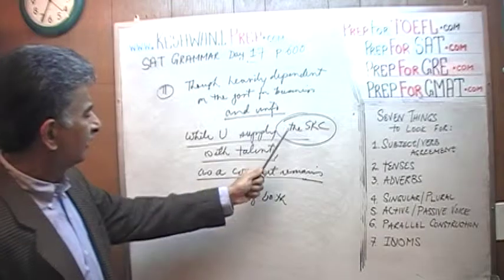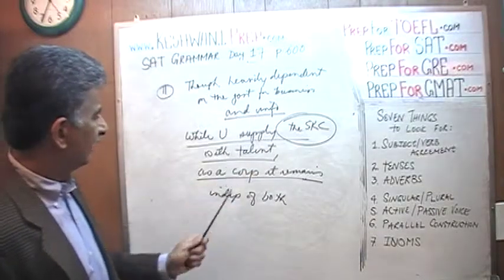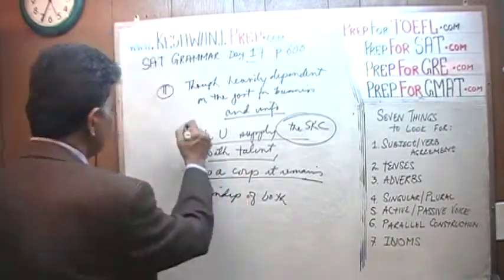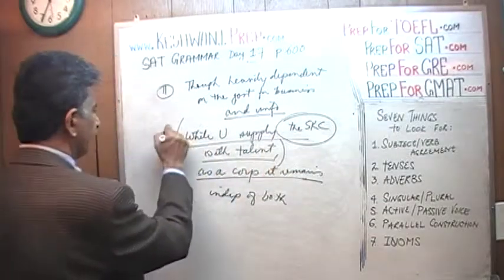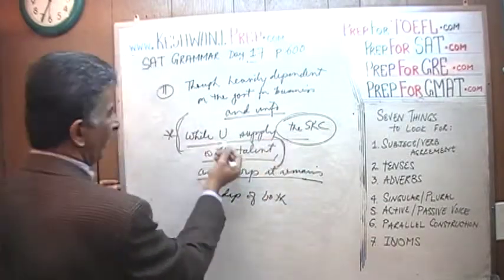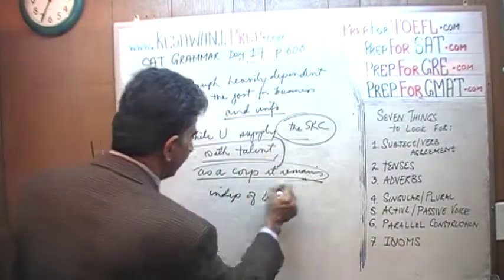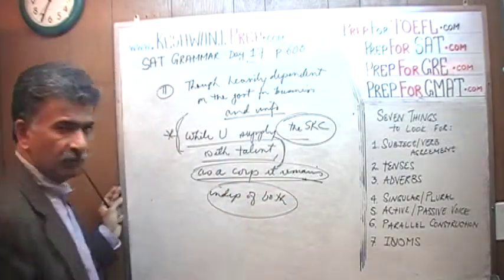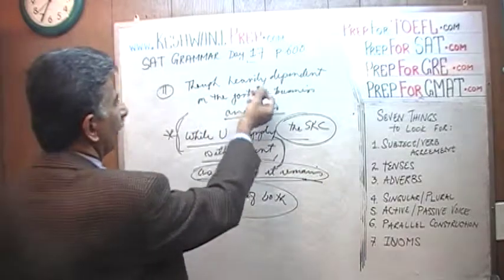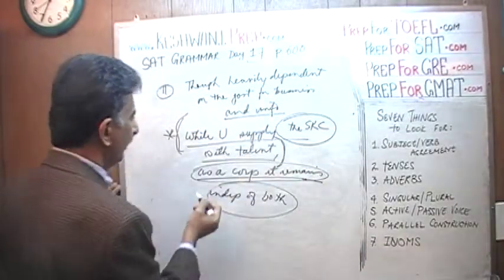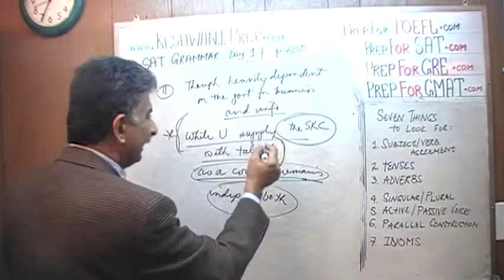While the university has supplied the space research centers with talent. No, this is the problem area. Right here is the problem area. We need to work on this thing. While universities supply the space research center with the talent, this part is okay. As a corporation, it remains independent of both. That part is fine. Though heavily dependent on the government for business and information, how about that?